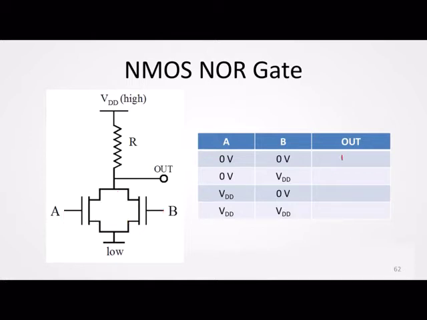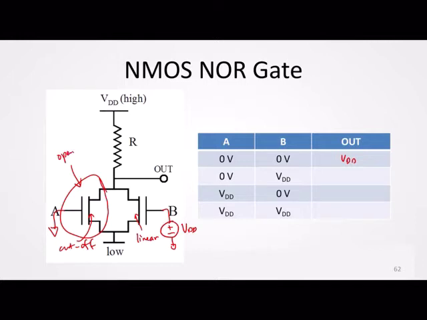Okay? Now, if the A is grounded and at B you have VDD, so that means this would be in cutoff and this transistor would be in linear mode. Okay, so this would be open circuit, and the other one, the linear mode, would be shorted.